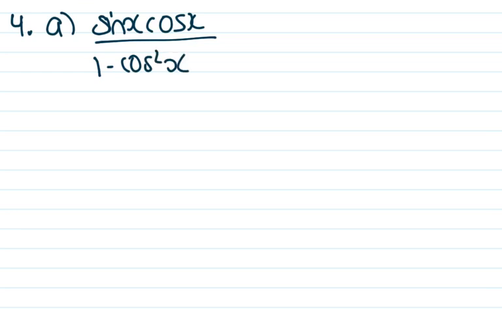The denominator, 1 minus cos squared x, is a rearranged version of the Pythagorean theorem, right? Because that is equal to sine squared x. Sorry, that's super messy.